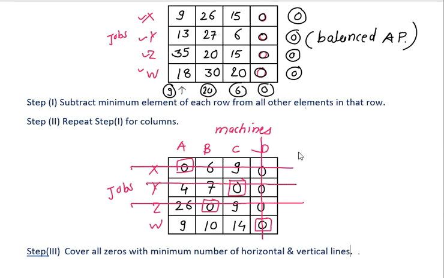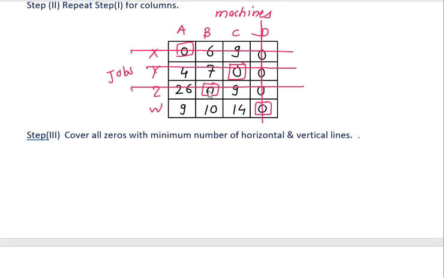So in this way, all zeros are covered by the minimum number of horizontal and vertical lines. And how many lines have we drawn? 3 horizontal, 1 vertical. 4 lines are required to cover all the zeros, and it is equal to the order of the matrix.